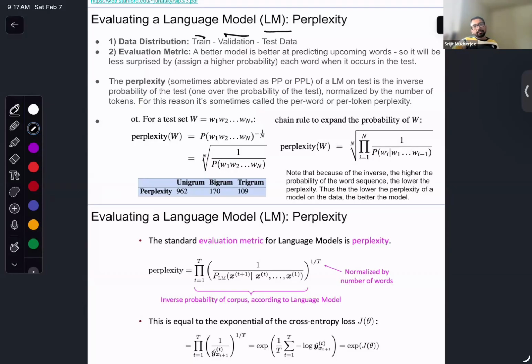You build the model using train and validation, and then you see how well it works on test. That's how you evaluate, right? All of you are aware of this, guys? This is basic machine learning.